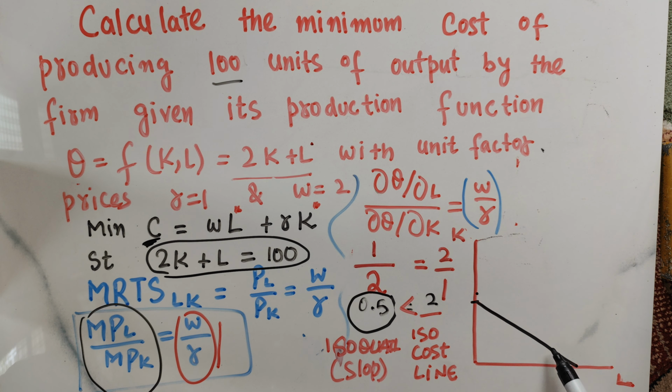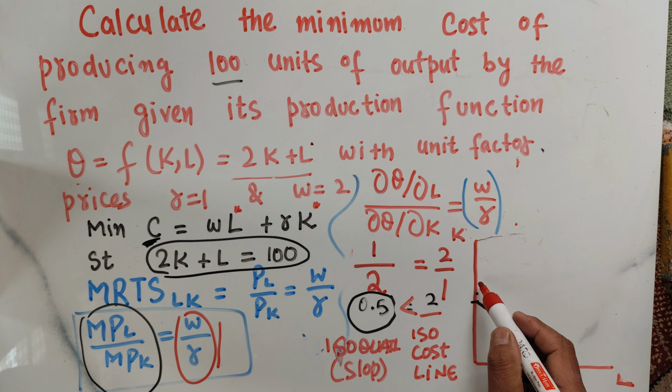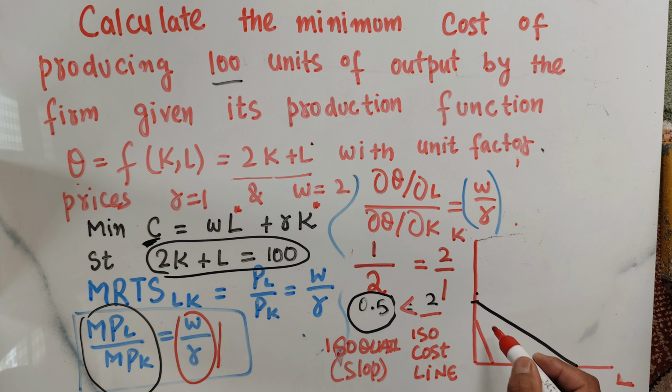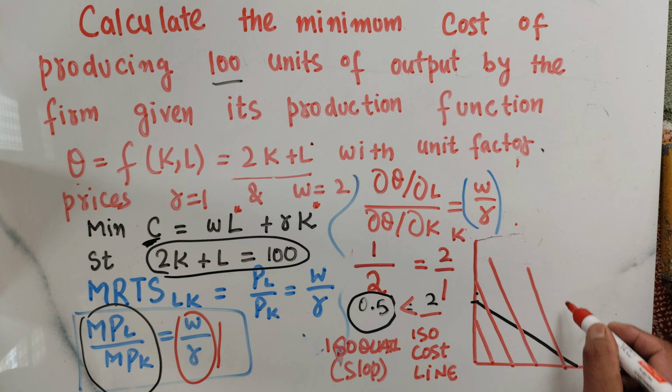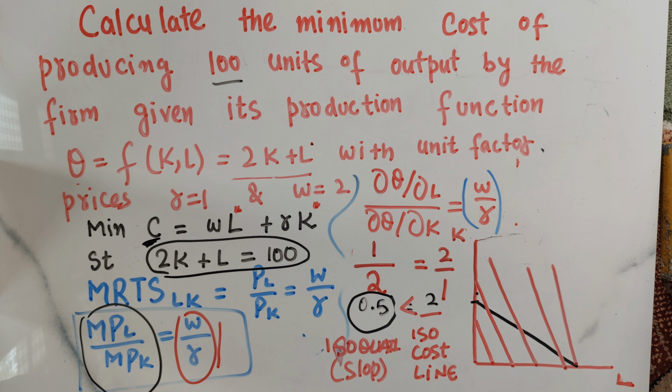So with the given production constraint, we want to minimize the cost. The slope is 2, and since it is steeper, we will go like this. These are our isocost lines. Now where will be the cost minimizer?